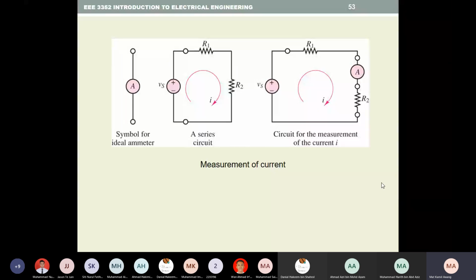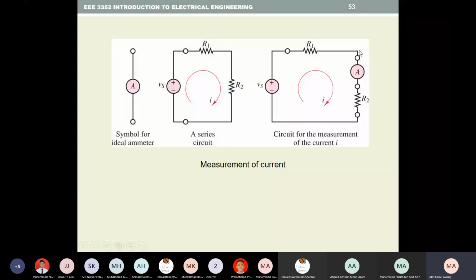Let's say you have a circuit, two resistors, R1 and R2, and a voltage source, Vs. You want to measure the current flowing in this circuit. Therefore, you break the circuit and put the ammeter in series with the resistors.